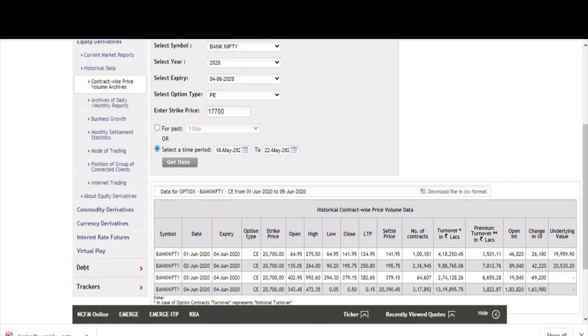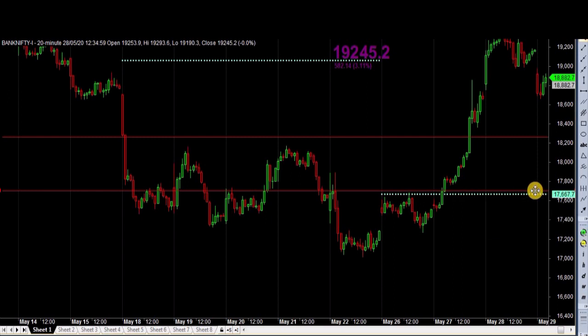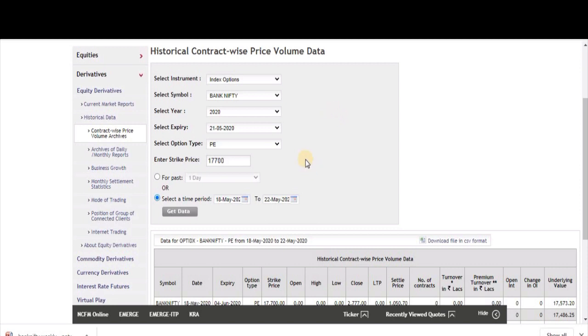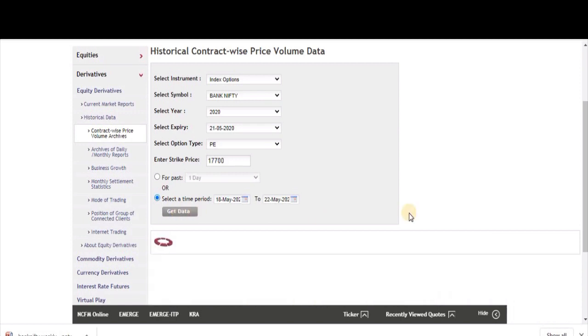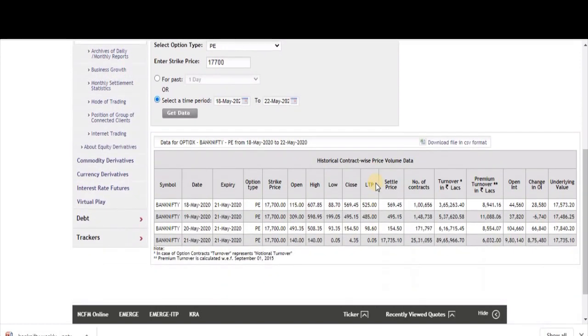Yes, 17,700 would be the target, and we need to select the expiry date, which is the 21st. So 18th, 19th, 20th, 21st. The 21st would be the expiry date, because every Thursday this expiry is executed. Let me go with the data now.